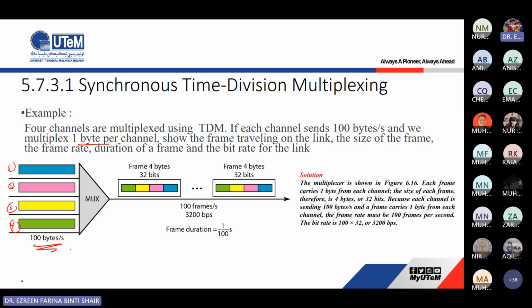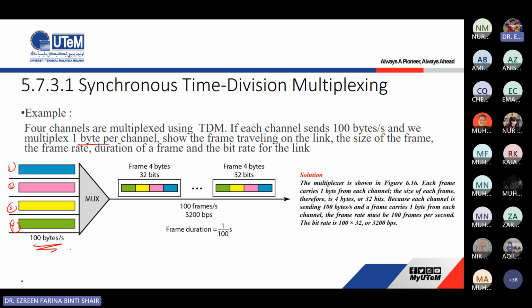The first question asks you to show the frame traveling, meaning you need to draw this. So you should draw it like this, one frame like this. Each frame contains these 4 channels, so it will take 1 byte from each channel.